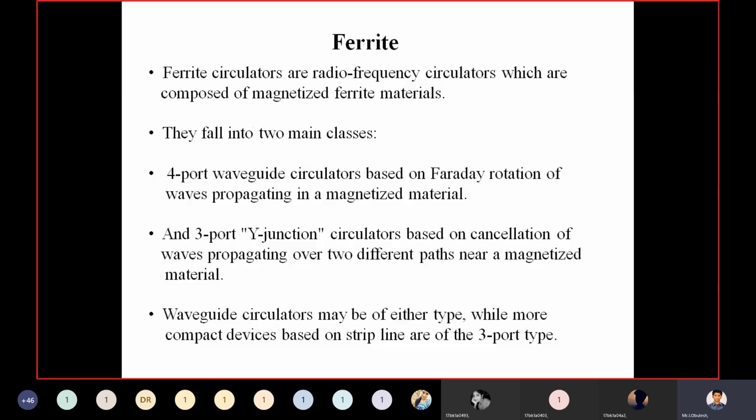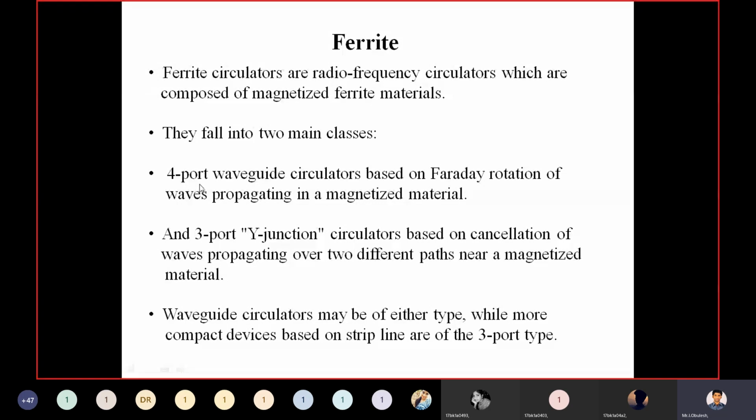Ferrite circulators are radio frequency circulators which are composed of magnetized ferrite material. They fall into two main classes.